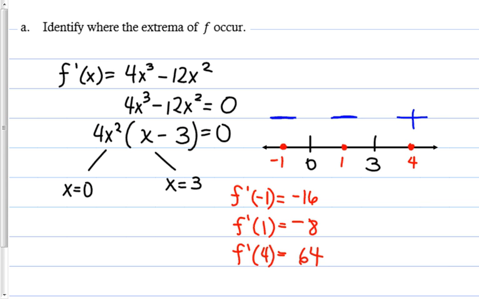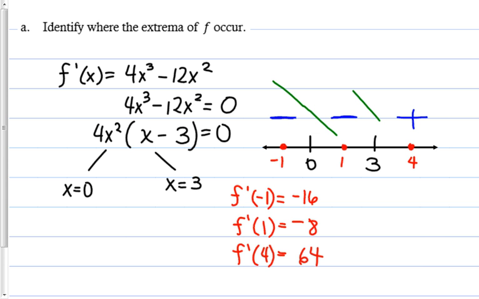So here, I have 2 negatives and a positive, and I'm supposed to be figuring out where the extrema are. The extreme values are going to occur whenever I have a change in sign. So let's see. This is just going down. And then to the right of 0, we're still going down. So that's out. To the left of 3, we're going down.